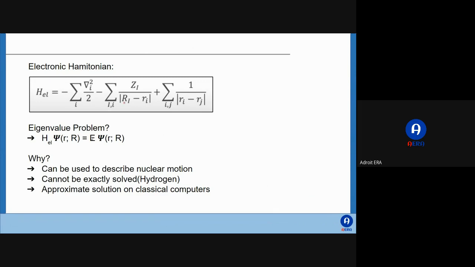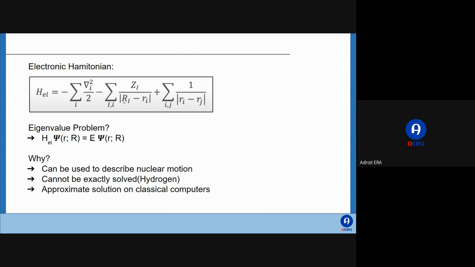If we use classical algorithms to solve this, it is not exactly solved. For example, there is some error between the real value and the computed value. Even for hydrogen itself, it takes a lot of time and the answer is not exact. So that is why we use hybrid quantum classical algorithms to find the eigenvalues of this set of problems.